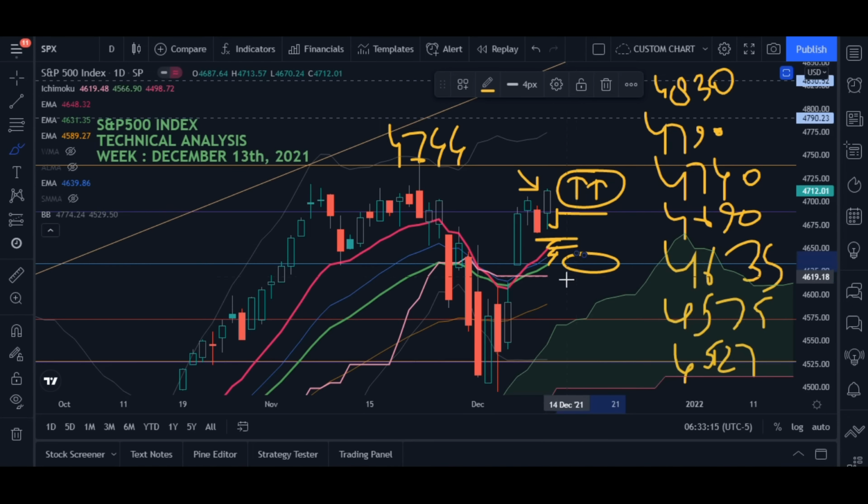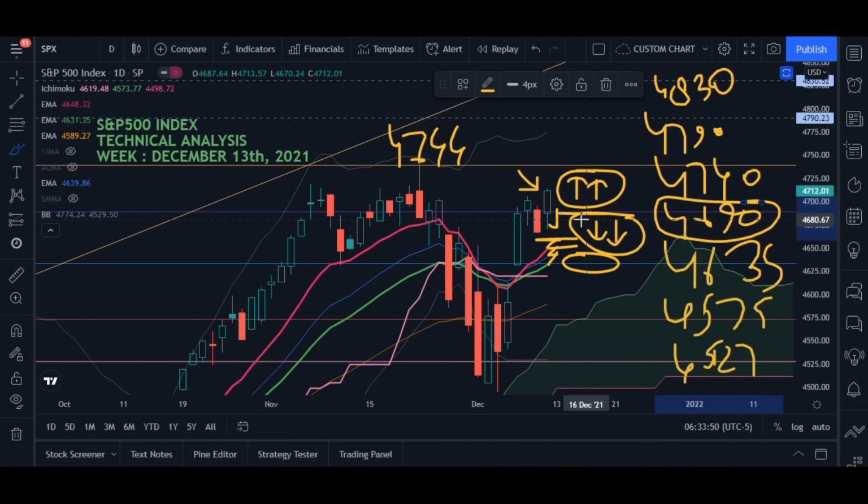So we are looking for one candle on Monday closing below 4690. The two candles could be bull or bear, but they must close above 4690. So 4690 is going to play a critical role in the movement of the market in the coming week.